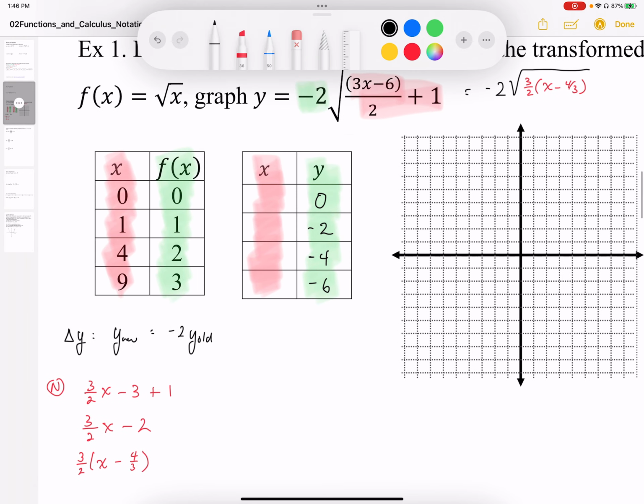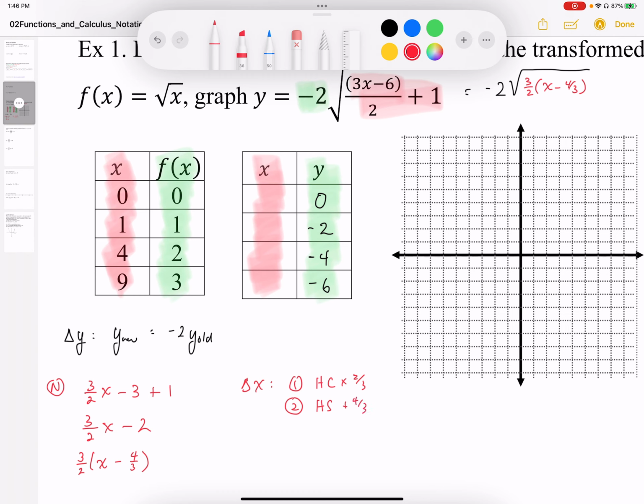And if I'm going to describe my transformation, my change in x is going to be first a horizontal compression by 2/3. It's going to then be a horizontal shift to the right 4/3.